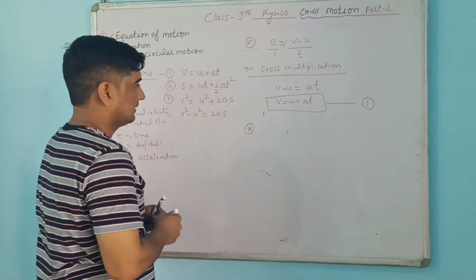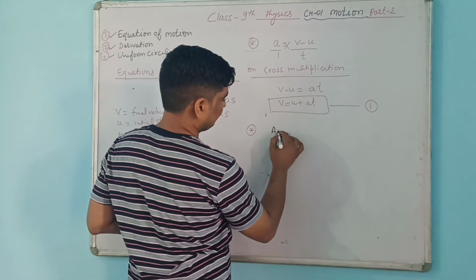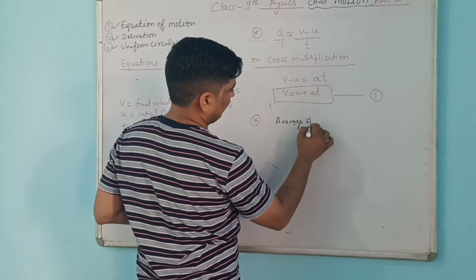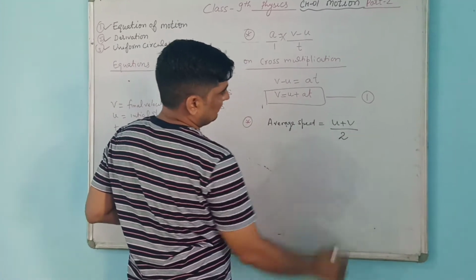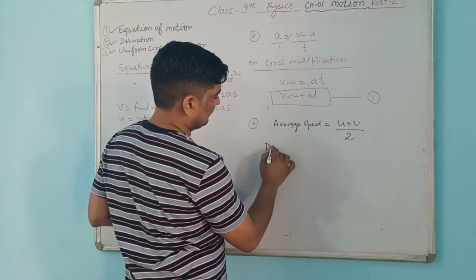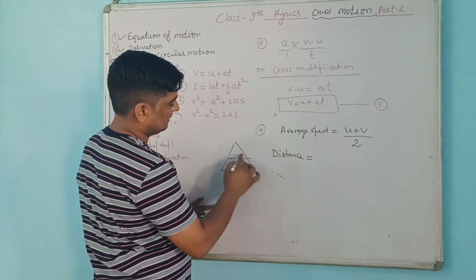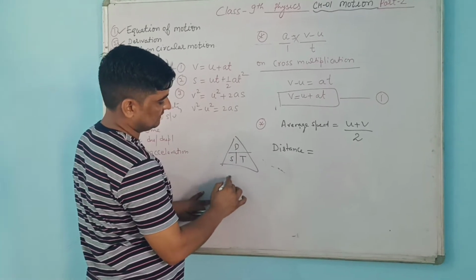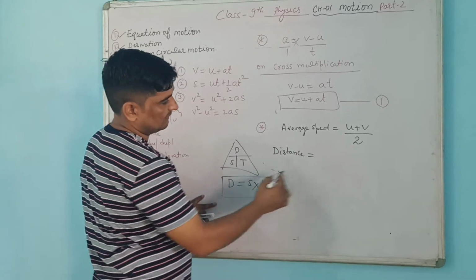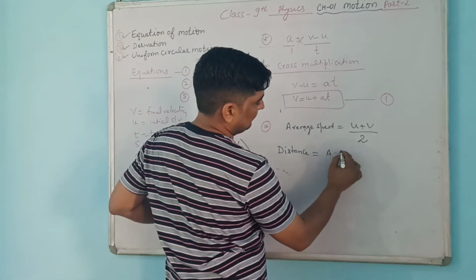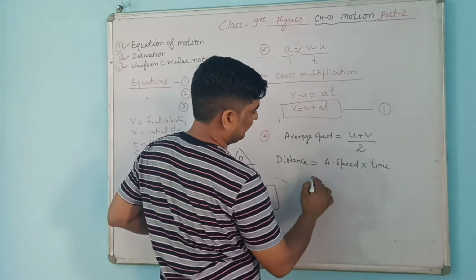For the second one, you know what is average speed? I told you, it is u plus v divided by 2. And what is distance? Through the DST triangle I have told, distance, speed, time. Distance is speed into time. So if I multiply time with the average speed, I will get distance.